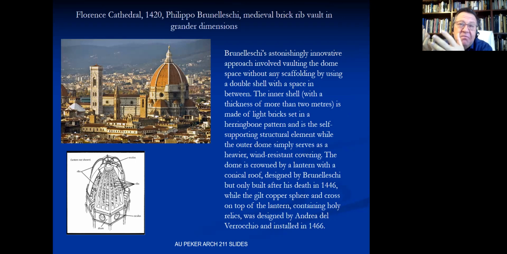And scholars even find origins in the East, in the Orient, for the construction of this dome, brick construction. He introduced herringbone pattern laying of the bricks in the inner shell. And the other dome simply served as a wind-resisting covering.